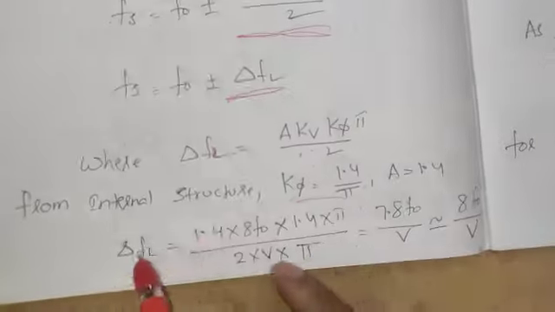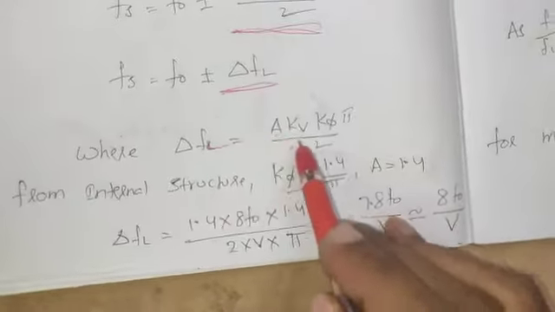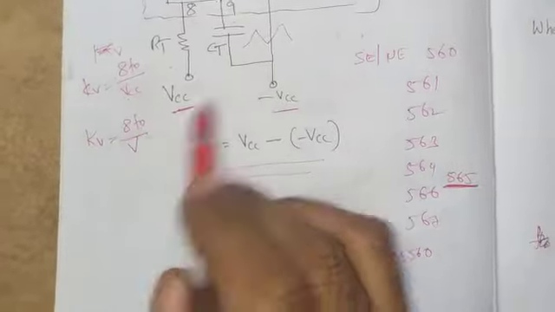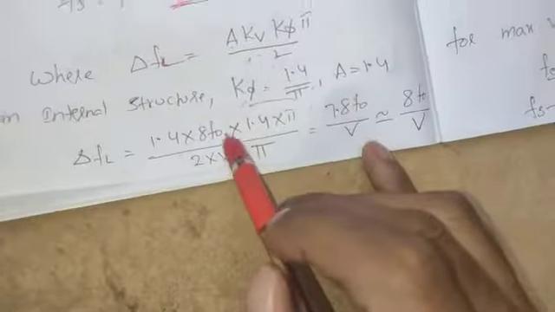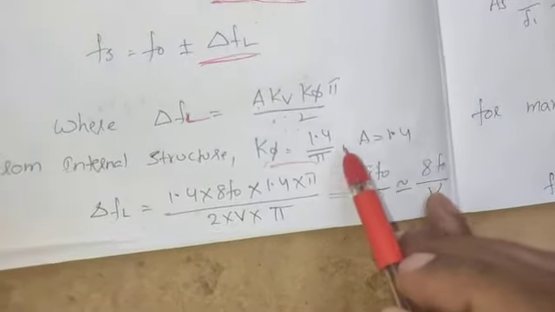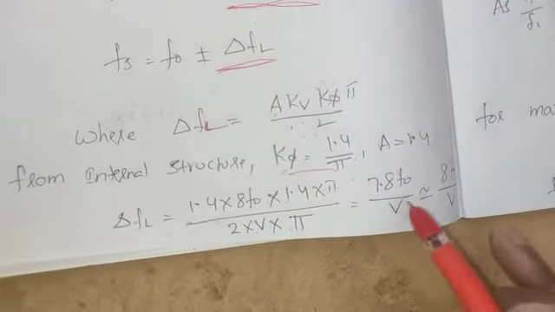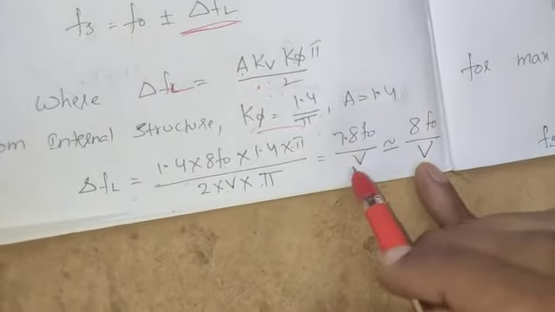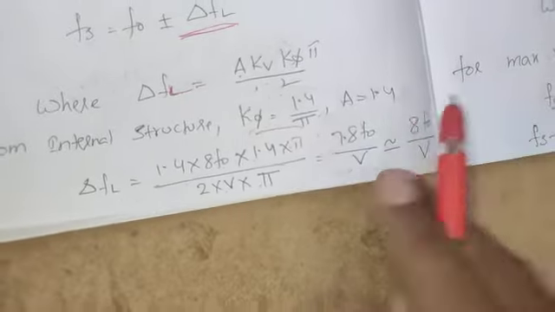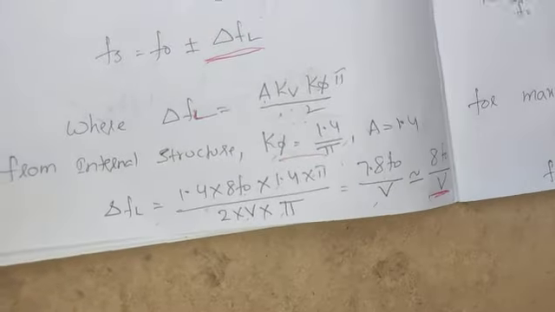Substituting, A is 1.4, KV is, as we know, 8 F naught by V, and K phi is 1.4 by pi into pi. Simplifying, you will get 7.8 F naught by V, approximately equal to 8 F naught by V.